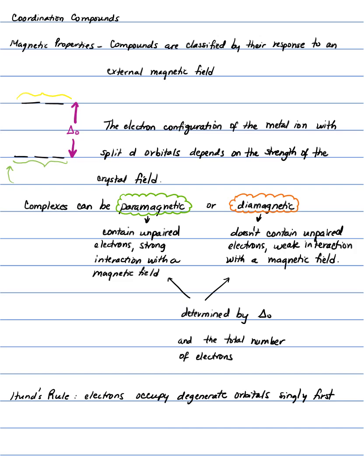Now, when you have 4 or more electrons, you can have cases where that 4th electron will be paired on the low energy level orbitals, the green ones, or you will have cases where that 4th electron will go on the orbitals that you have above. That's going to depend on the splitting.